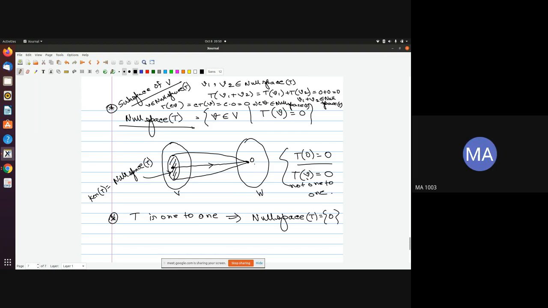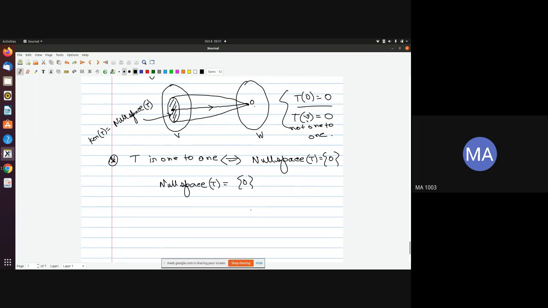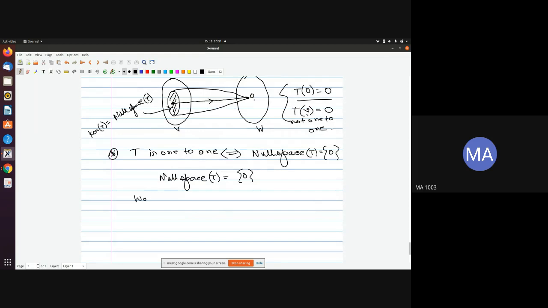Okay. Next, what we know, the converse is also true. What does it mean? If null space is 0, then T must be 1 to 1. How can we show that? So I have that null space of T is 0. Only the 0 vector is there. Right? Now what I want to show is that T is 1 to 1.